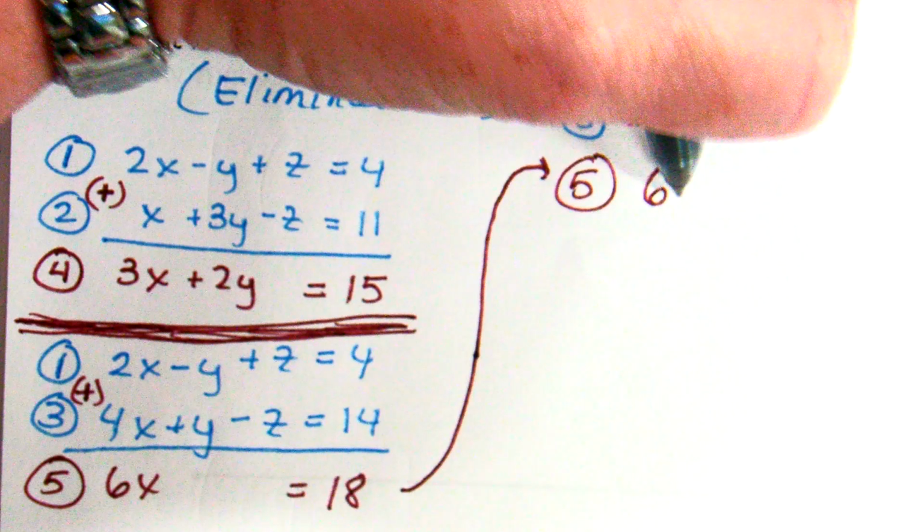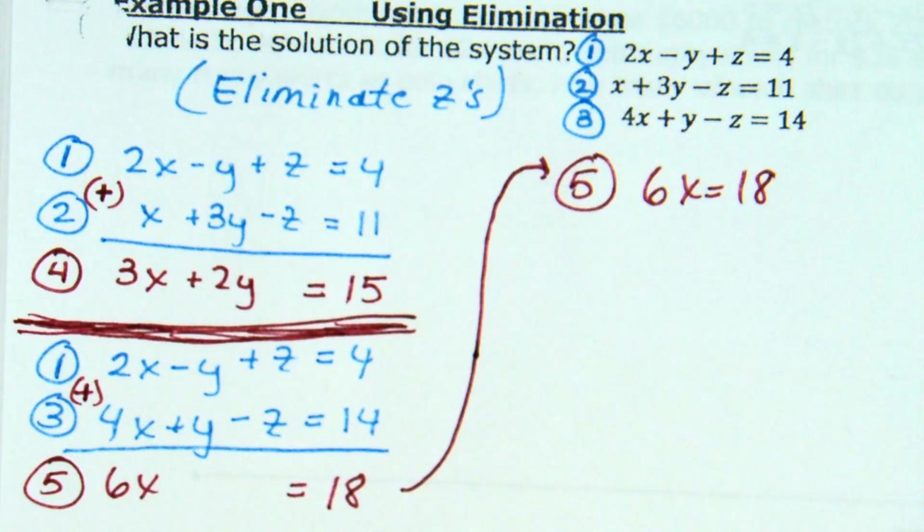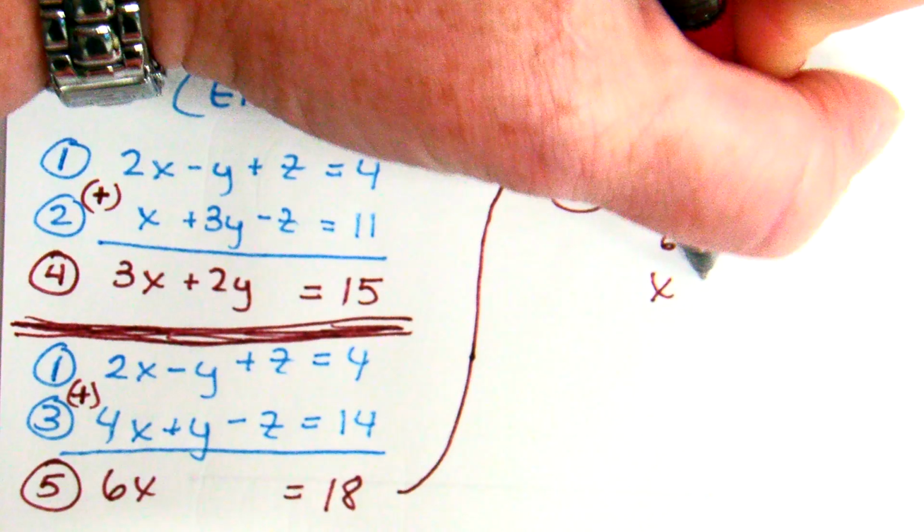So equation 5 is 6x equals 18. How do I use equation 5 to find x? Divide by 6, and x is 3.